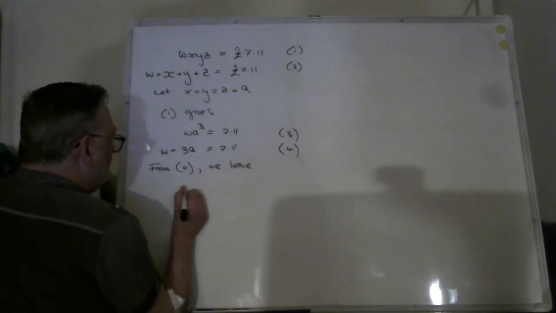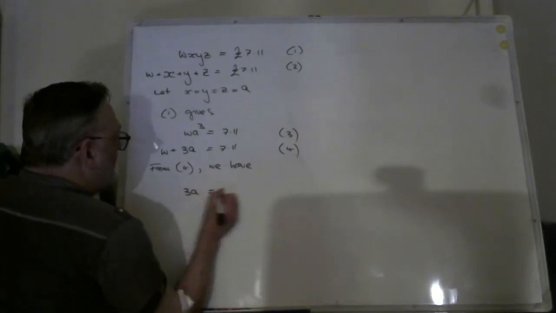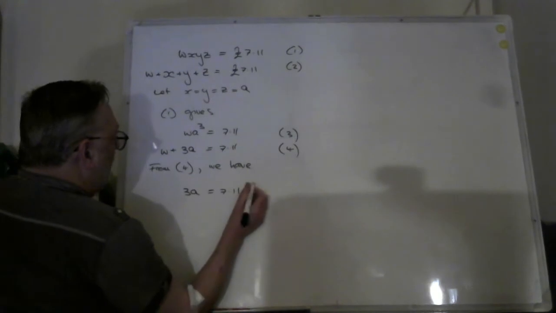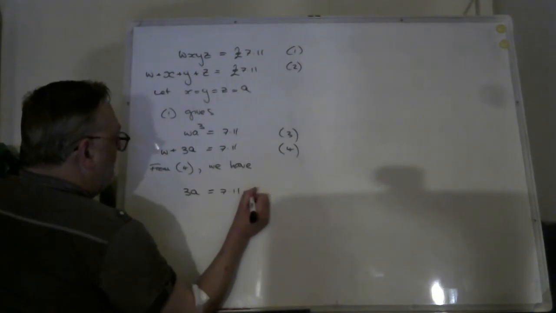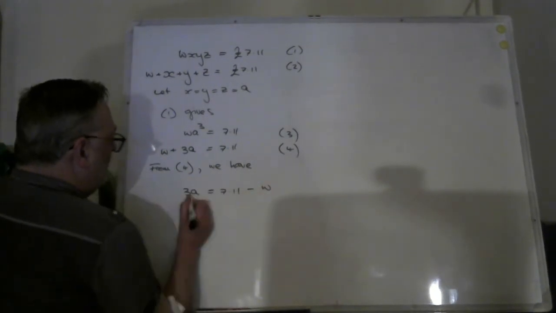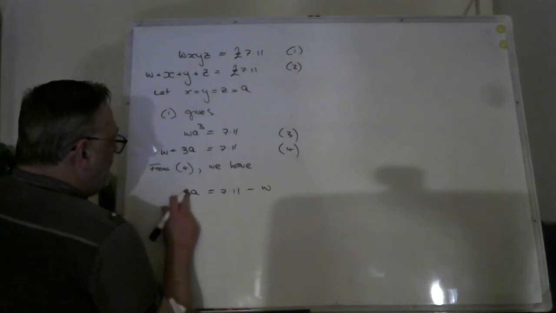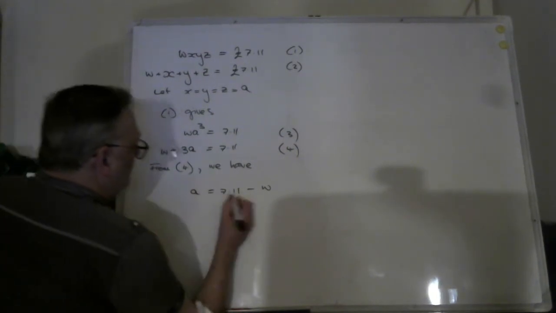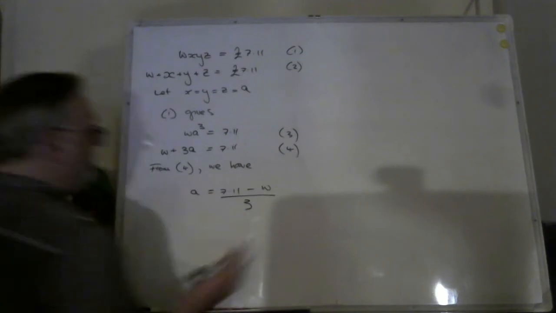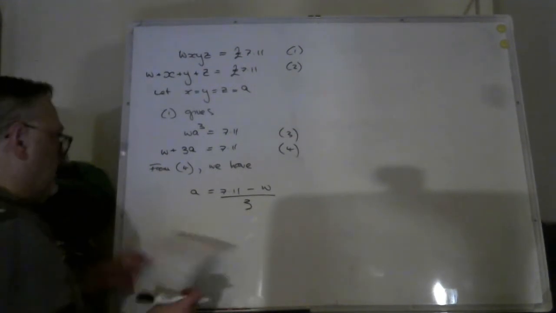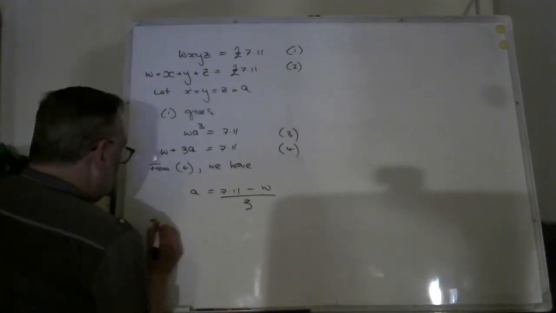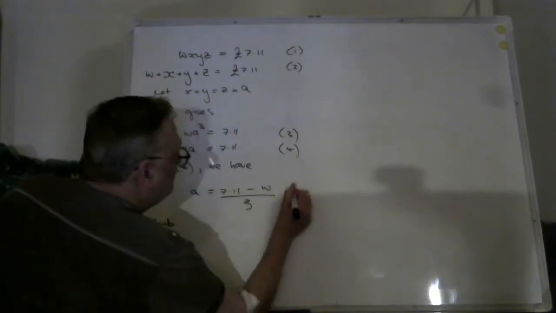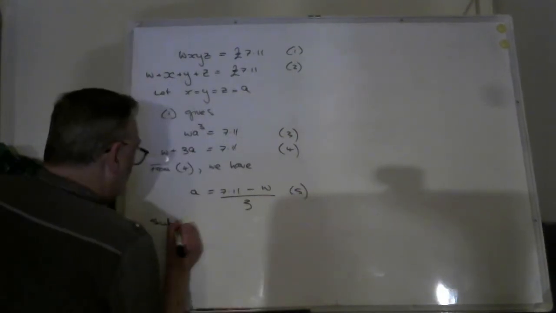So what we've got is 3A equal to 7.11 minus W, and we divide both sides by 3 to get A. We'll call this equation 5.